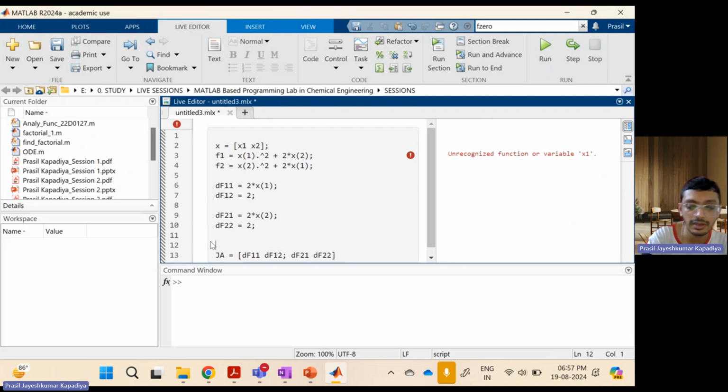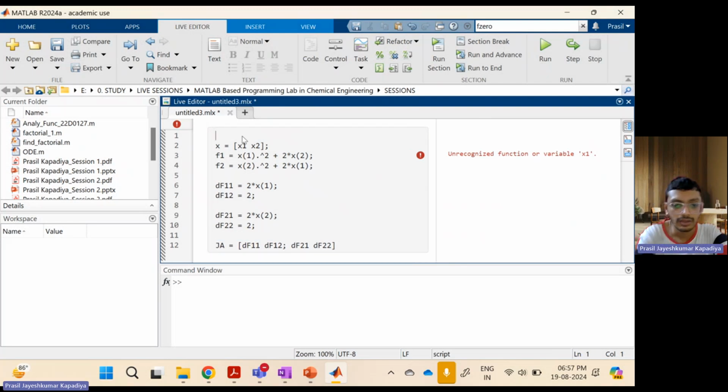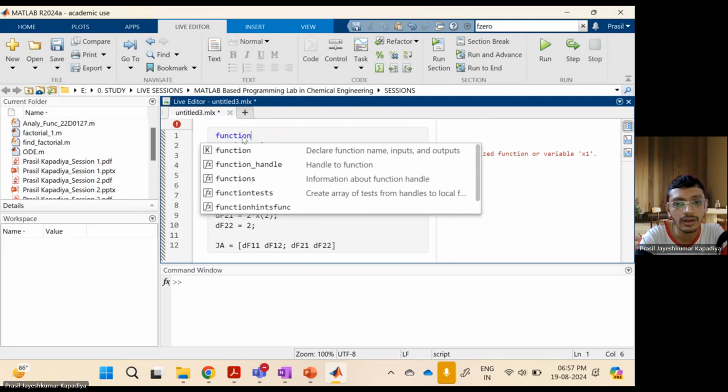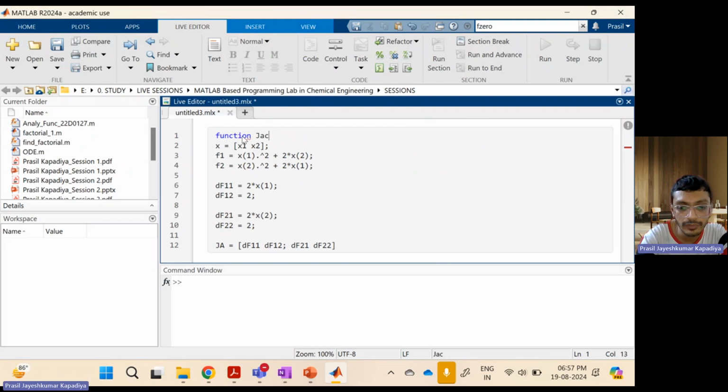Let's say I'm giving function Jacob is equal to my Jacob, and I will be writing in bracket x. I am calculating Jacobian, so I should write Jacob.